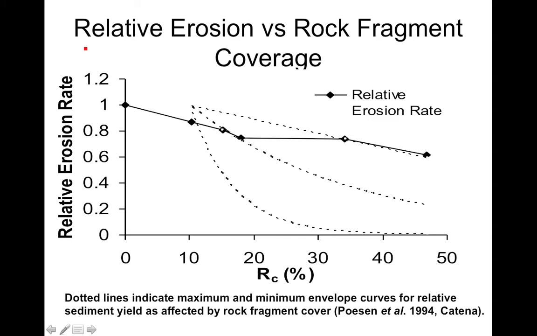You've seen this plot before anyway, but relative erosion rate against percentage rock fragment cover generally decreases down to about 20%, plateaus here, and then continues to decrease a little bit as the rock fragment cover increases again.